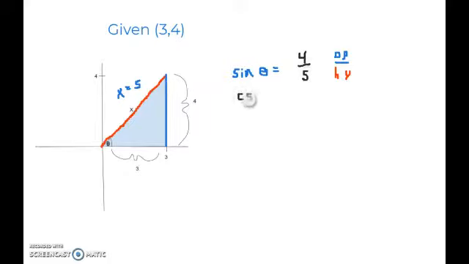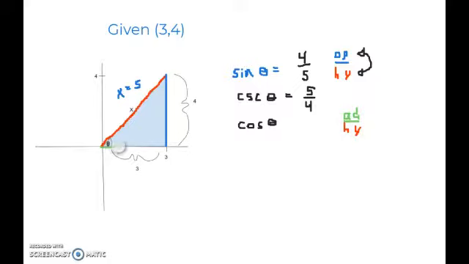Then moving on to the reciprocal function, which is cosecant of theta, that would be the hypotenuse over the opposite, or you just switch the hypotenuse and opposite. So that'd be 5 over 4. And then cosine of theta equals adjacent over hypotenuse.